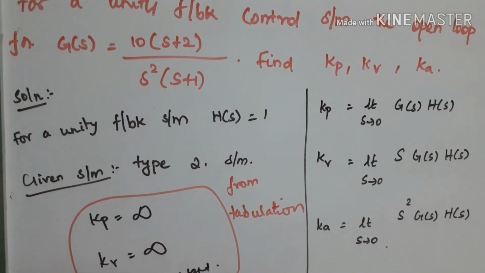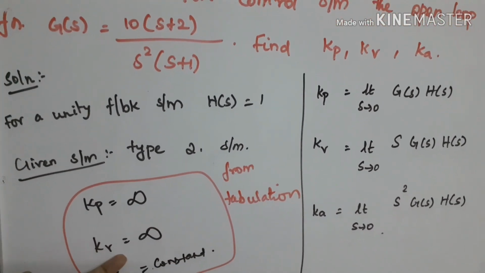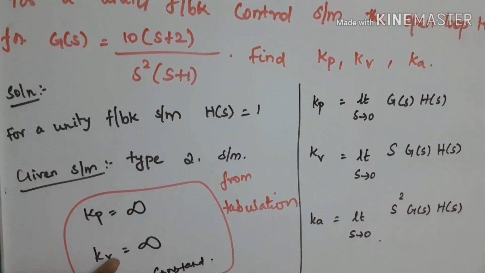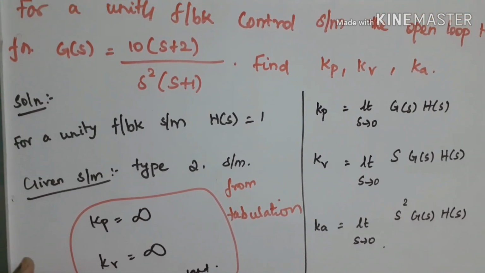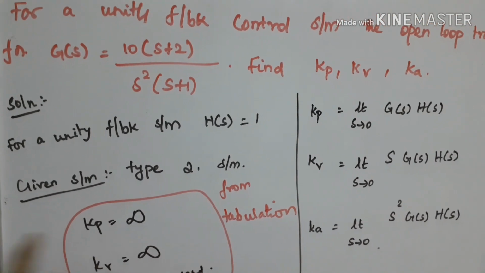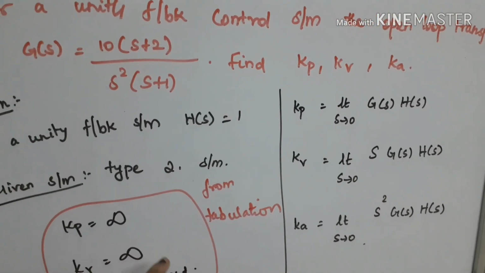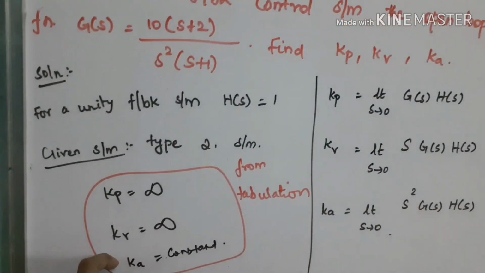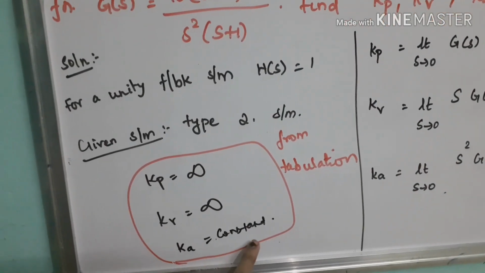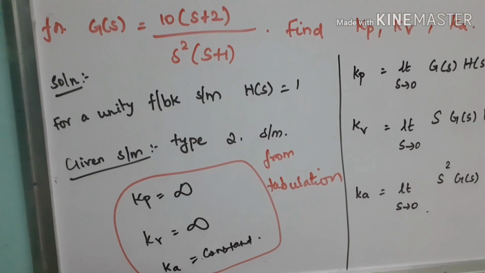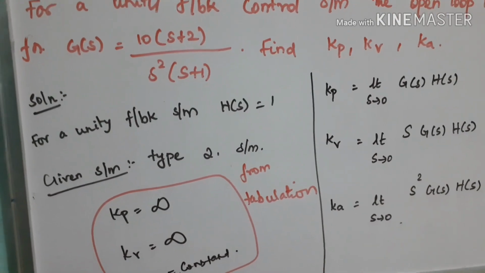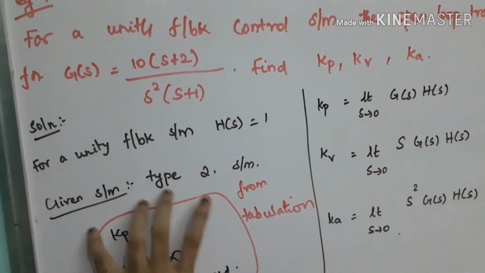Then for a type 2 system, the velocity error constant, that is for the unit ramp signal, 1 by Kv is 1 by infinity, which is equal to 0. So Ka is the only term having a constant value. Let us solve this problem and we can realize these answers.